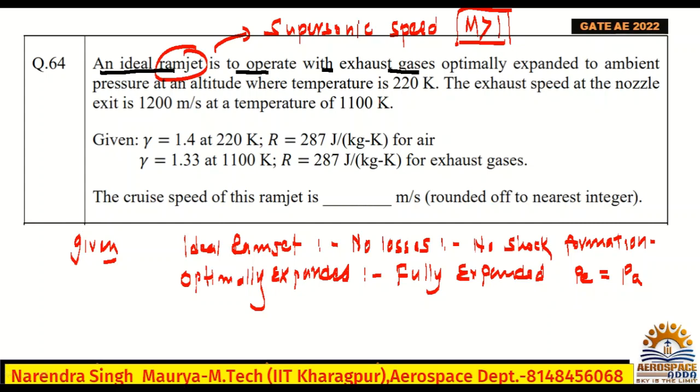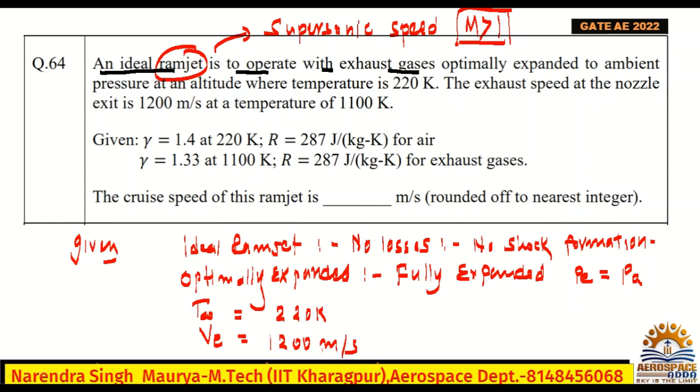The exhaust speed at the nozzle exit is, okay. So temperature, I will write 220 for the air. Because it is the ambient temperature, I will write T infinity, and it is nothing but 220 Kelvin. All right. And the exhaust speed at the nozzle exit, V, is given as 1200 meters per second.